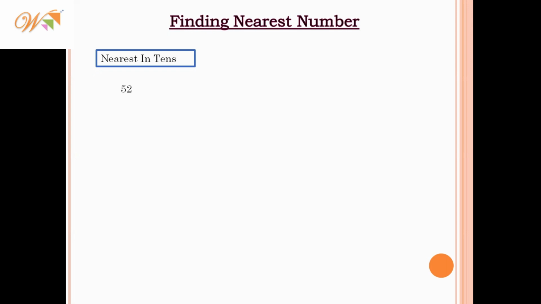Now if I have to find a nearest number in tens for a given number, we just look at the two digits that are at the tens place and units place. For example, here we have the number 52. So we will think, 52 is between which two round figure numbers in tens.